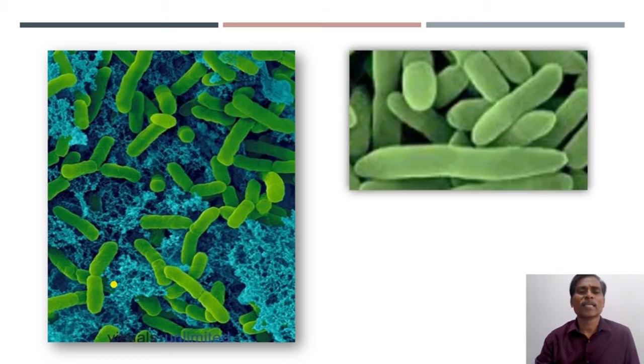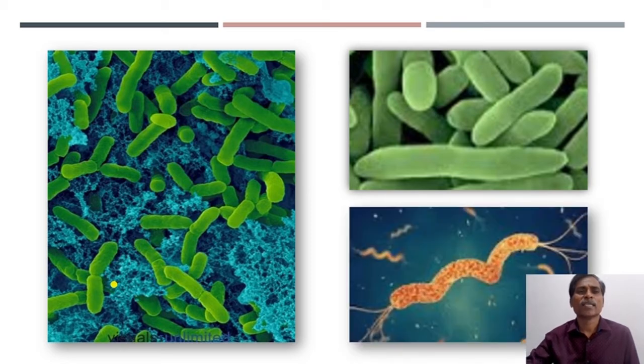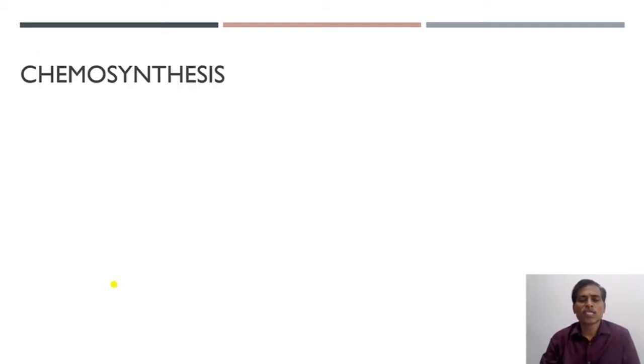They are the bacteria, cyanobacteria, and sulfur bacteria. These are some microorganisms that prepare their own food by chemosynthesis from inorganic chemical substances. Chemosynthesis is nothing but the synthesis of carbohydrates from inorganic chemical substances.